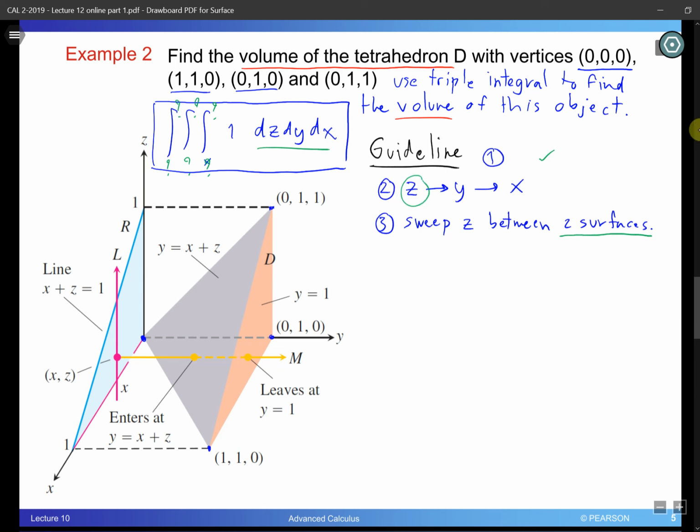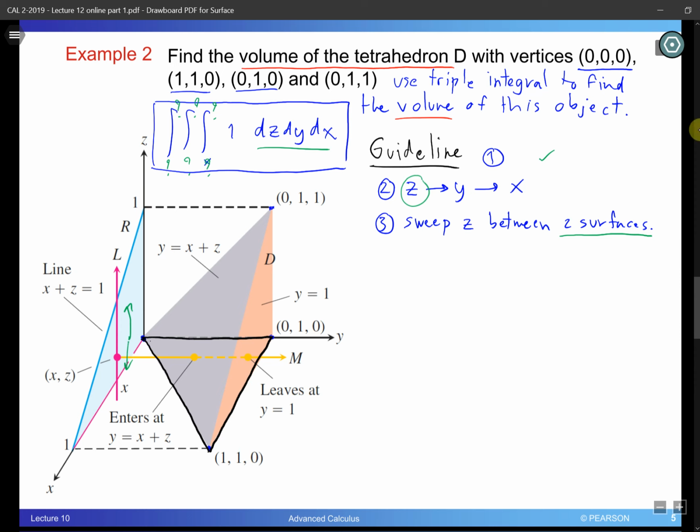Z means that we are going to sweep upward and downward, in the z direction. So we have to find the surfaces that bound the upper and the lower part of this object. Let's start with the lower surface. The lower surface of this sweeping is going to be this. That is the start of the sweeping of z.